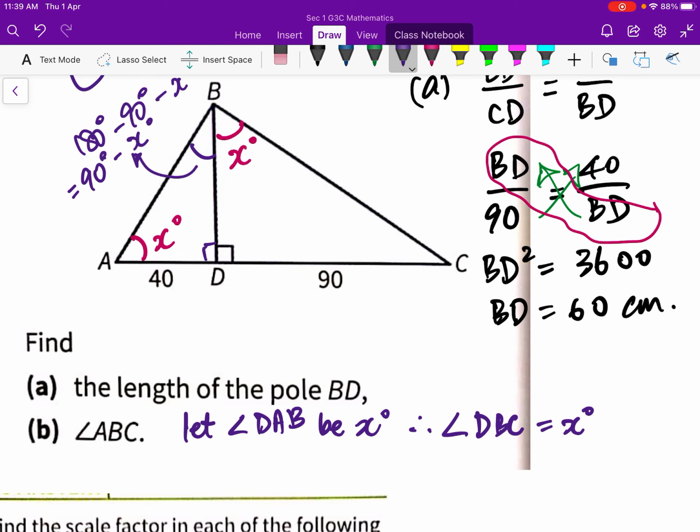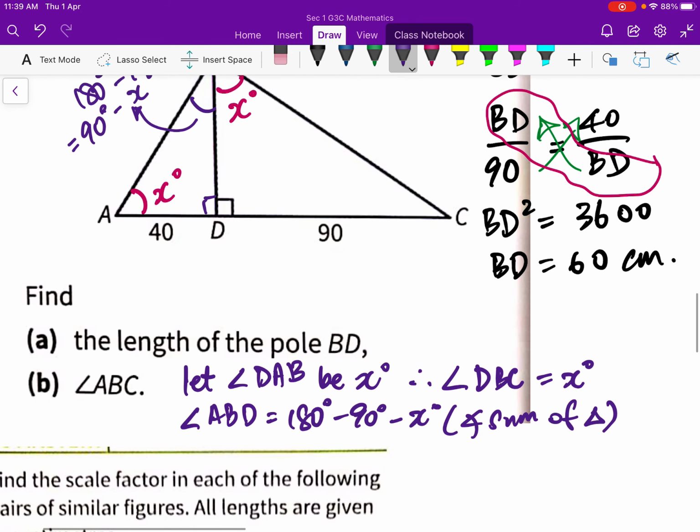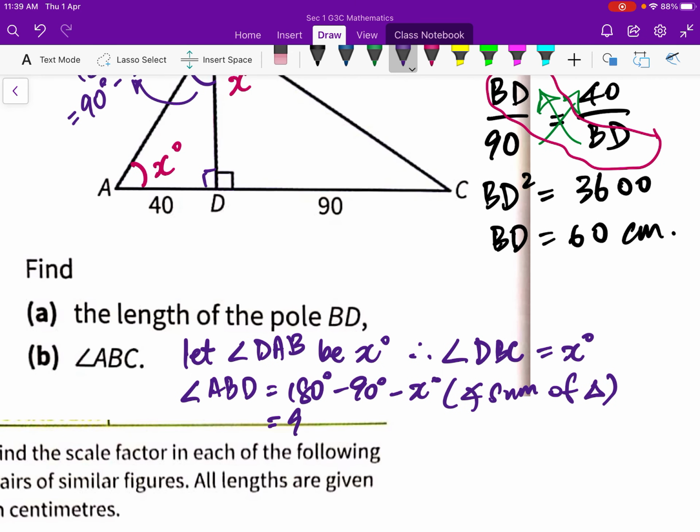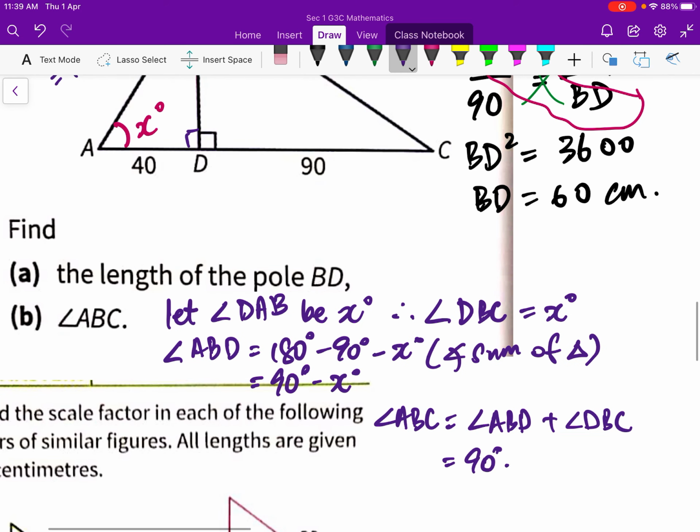Next line, we say that angle ABD equals 180 minus 90 minus x. This is our angle sum of triangle. And that gives us 90 minus x. And then the final line: angle ABC is made out of angle ABD plus angle DBC, which is 90 minus x plus x, which is 90.